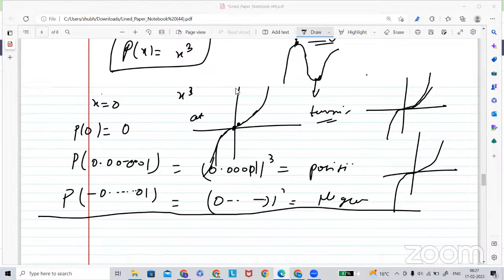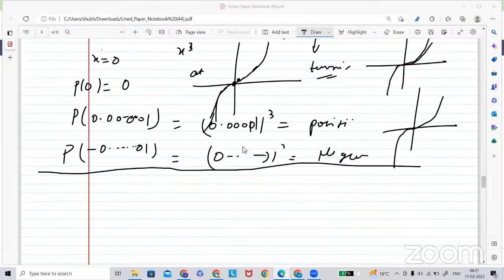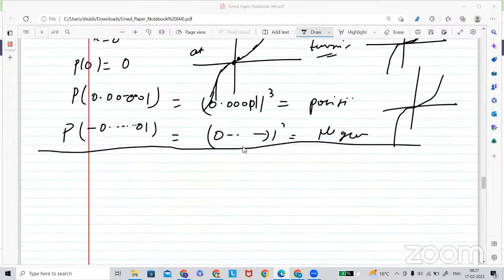So sorry, what are you saying? Sir, I was asking, if a polynomial is given and we are asked whether it is an even function or an odd function, how can we determine that?